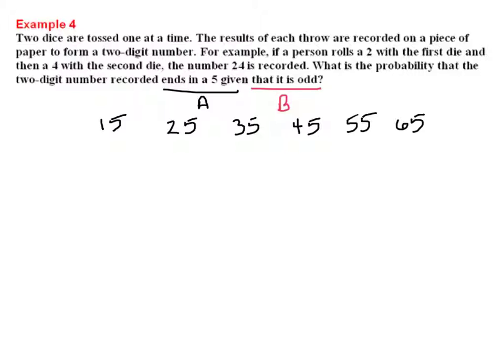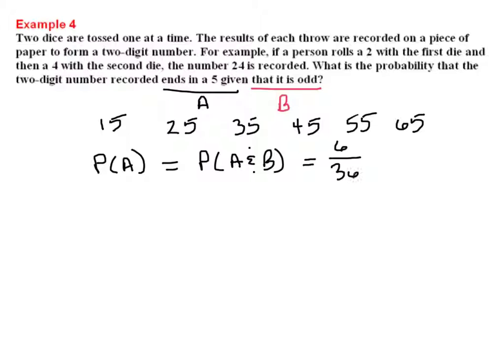So in this case, the probability of A is again equal to the probability of A and B happening. Okay? So the probability of A, or the probability of A and B happening, in this case, is 6 events out of a total of 6 by 6, which is 36 possible rolls.